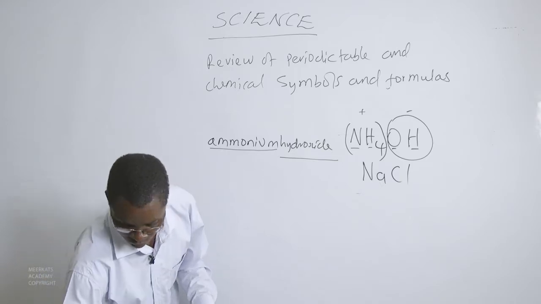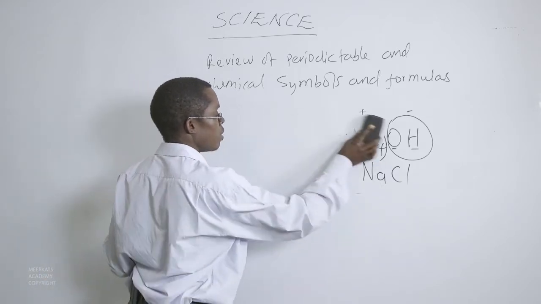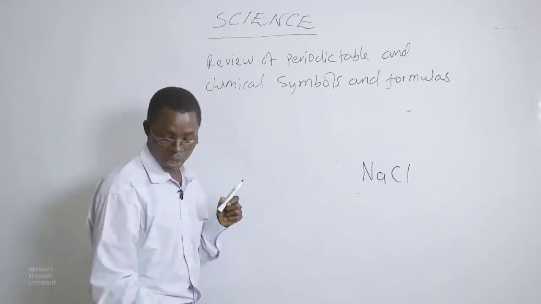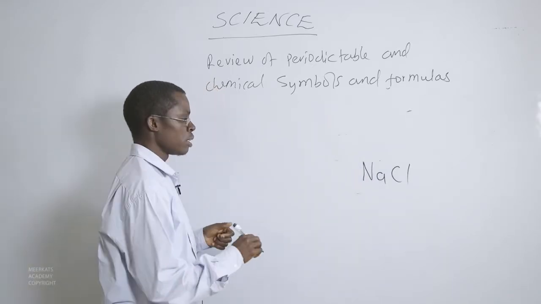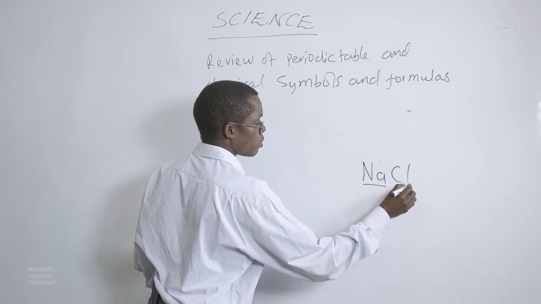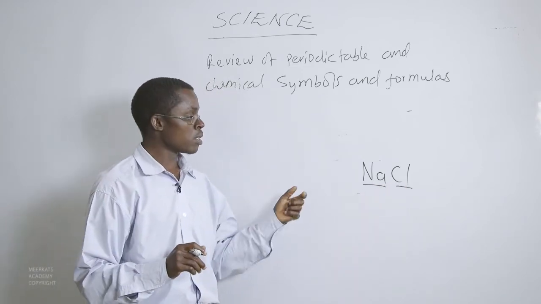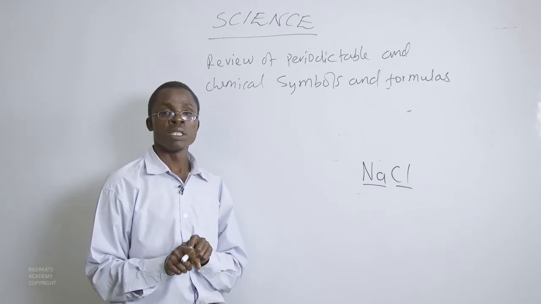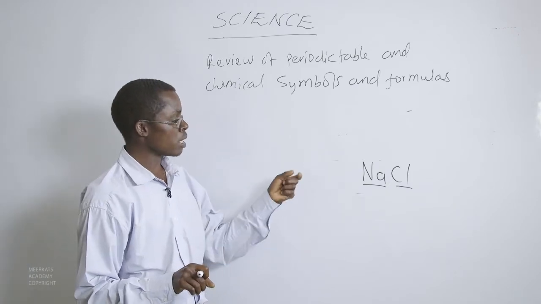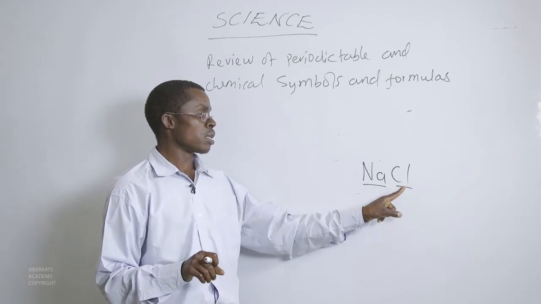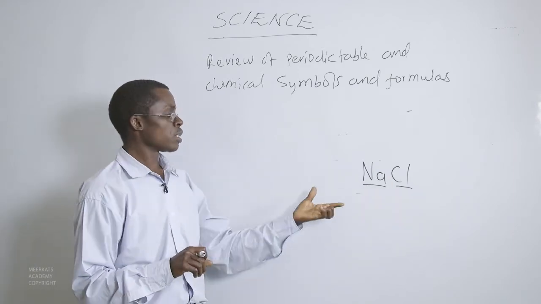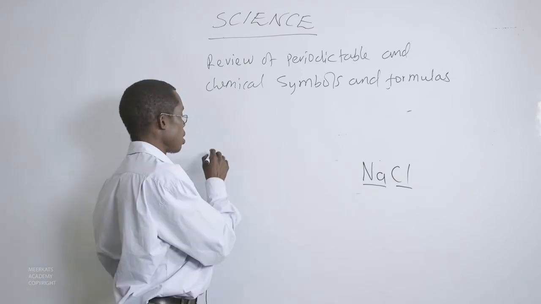And lastly, we have NaCl. Let's identify the elements. We only have two, even if the letters are four, meaning that each element has two letters standing in for it, by the name sodium and by the name chlorine. Now the rules: the first element is given its full name, which is sodium.